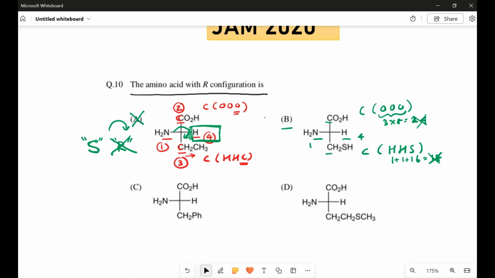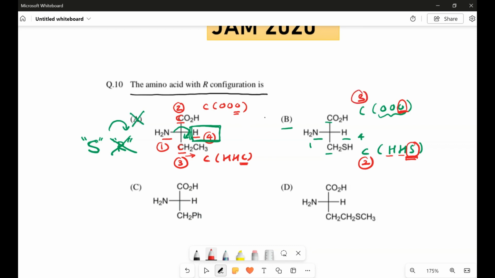So it is not a cumulative property. As I told already, you should look for the first point of difference. Here you have oxygen, here you have sulfur. Sulfur has a higher atomic number than oxygen. Even a single sulfur will overpower the oxygen. So this carbon having even one sulfur will take the upper hand over the carbon containing three oxygen. So this will have the second priority and this carbon will take the third priority.